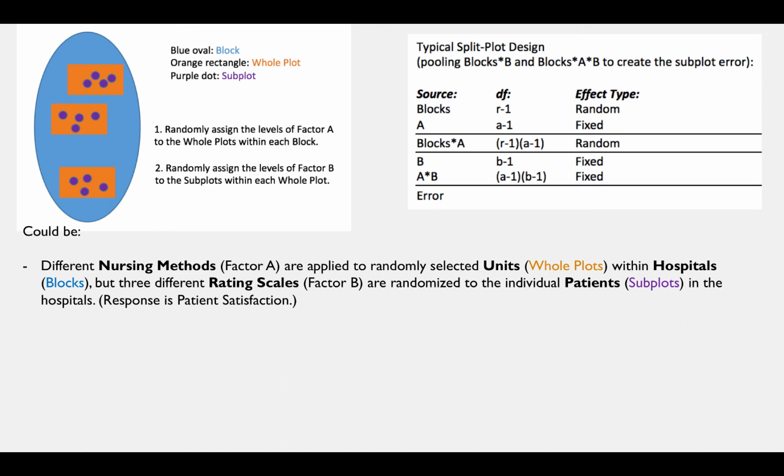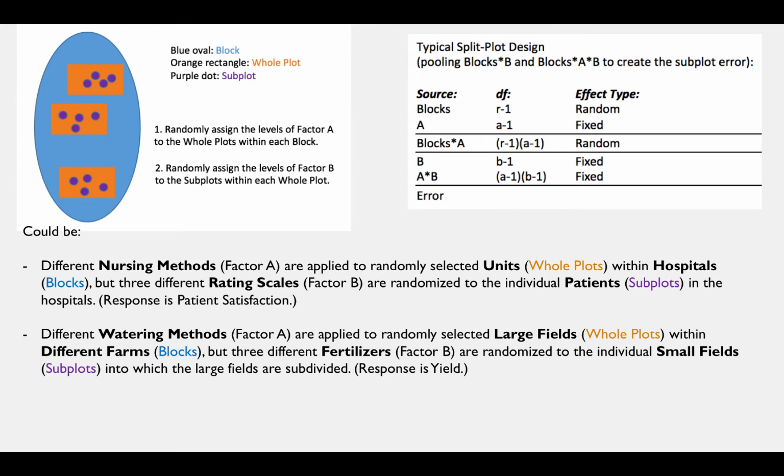And we apply a nursing method to each different unit. So we ask all the nurses in one unit to use a certain method. Then within that unit, we have the patients, which are the subplots, and we ask them to rate their satisfaction using some different rating scales. So something like that would be the exact same situation. It's a hierarchical design or a split plot design.